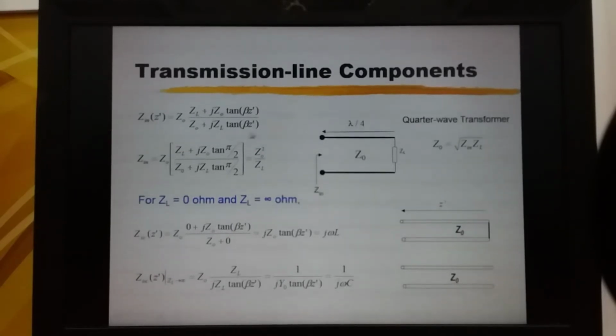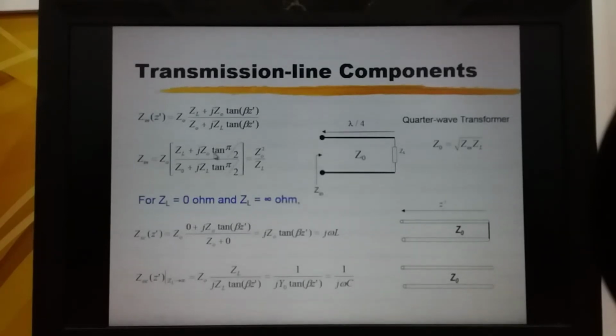Based on the transmission line equation that we have, the input impedance at a certain distance away from load impedance ZL is given by this formula. So notice that if the length l' is quarter wavelength and beta is 2 pi over lambda, we get beta l' to be equal to 90 degree, or pi over 2.